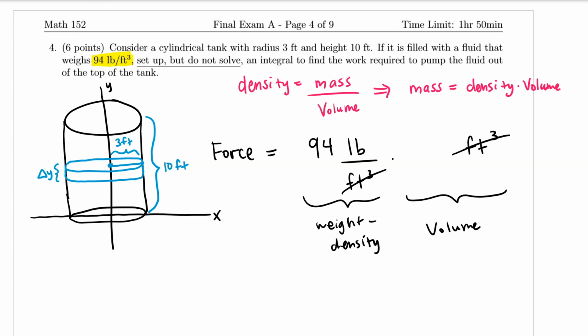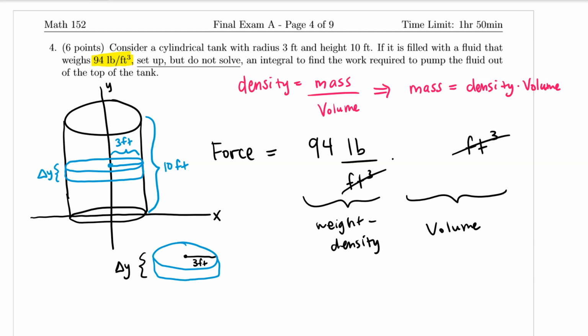So if I'm looking at a slice of this fluid, it has the shape of a circular disc. And so the volume of this shape is the height, which we're calling delta y, and the radius, which is 3 feet.